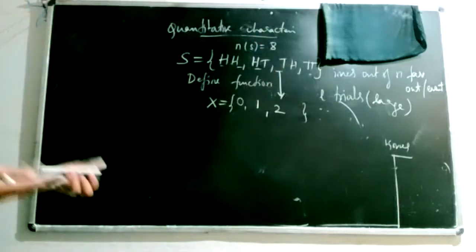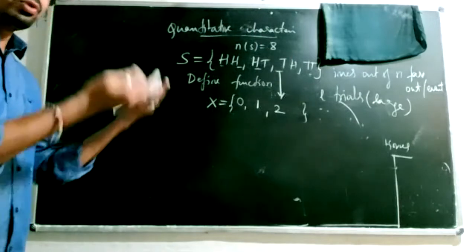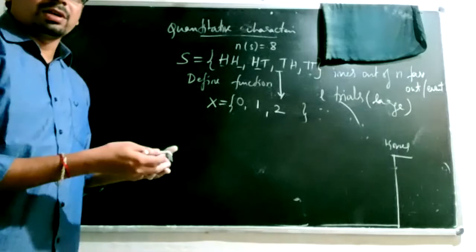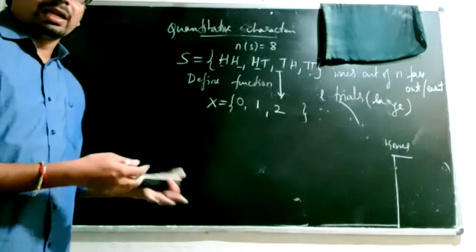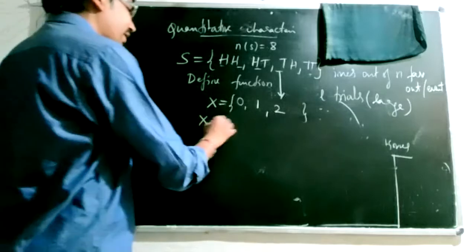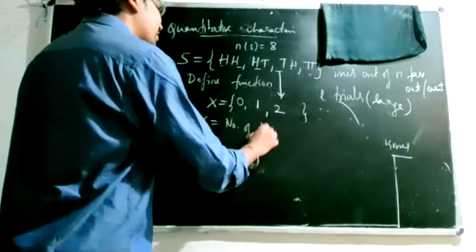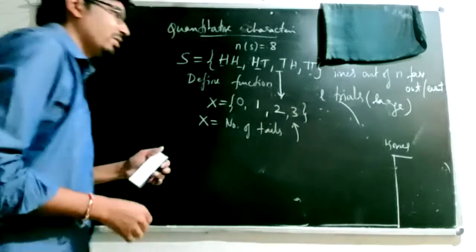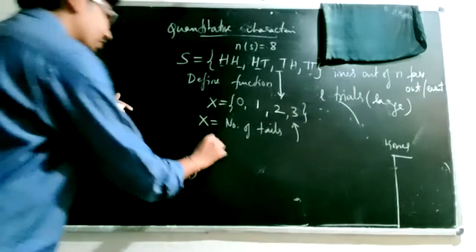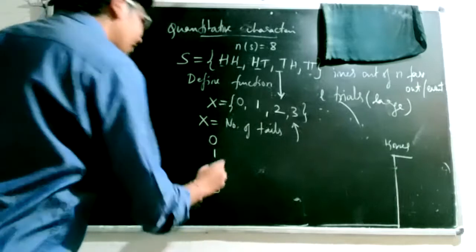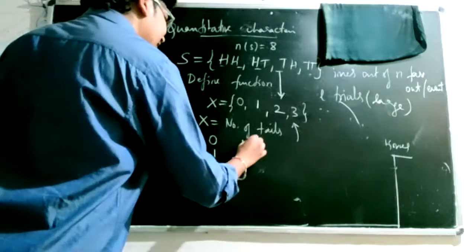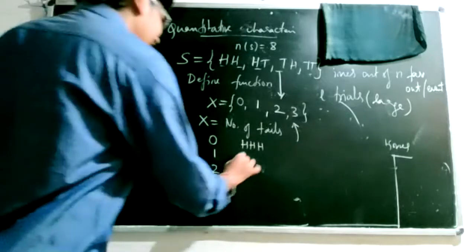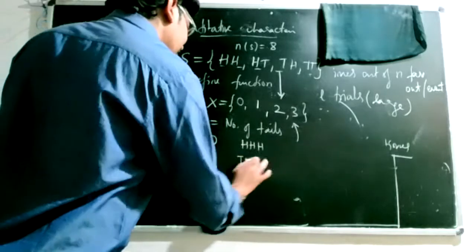When I toss three coins, you could observe all tails, you could observe none of the tails, you could observe one tail or two tails, and there you define x as the number of tails instead of counting the number of heads. So in that case, again x takes the possible values 0, 1, 2, 3. Your 0 will happen in the case of the sample space HHH. One tail can happen in this way.